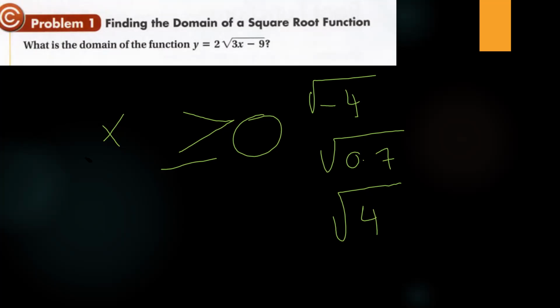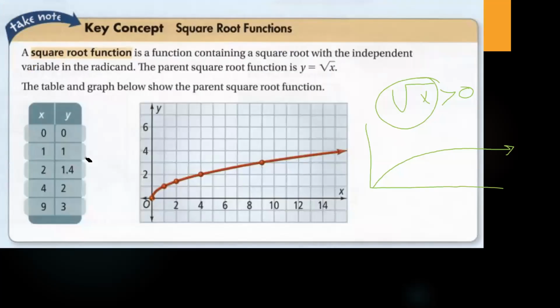Yes, teacher, it's clear. Good. So don't forget the domain. We start from 0; we cannot start from -4 or -9. We must start from 0. That means the domain must be greater than or equal to 0.